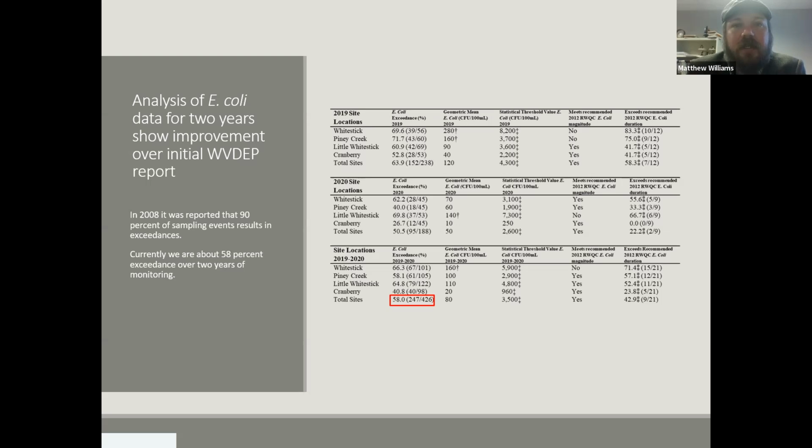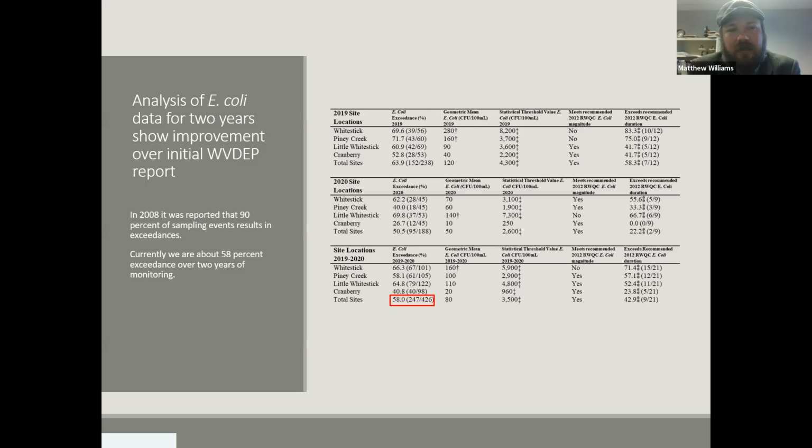14, 15 years. So again, the Piney Creek Watershed Association has really done a lot. The sanitary boards around here have been really good about, as soon as we let them know that there's some sort of issue going on, they go out and try to find where they have leakages. We've helped people with septic tanks. There have been septic tank repairs, and septic tanks installed in places where people were just straight piping.